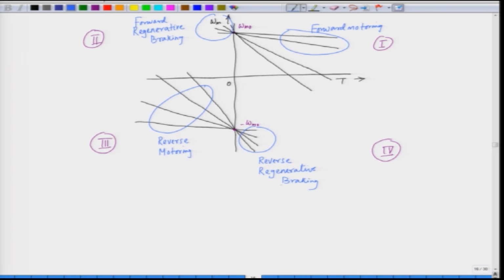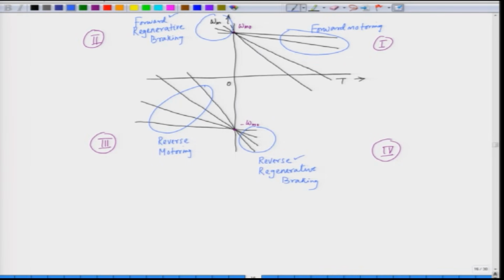As we have the forward regenerative braking, similarly we have reverse regenerative braking. It means in the negative direction we call this reverse. When the speed is in the forward direction we call it forward braking or forward motoring, and when the speed is reverse we call it reverse motoring or reverse braking.